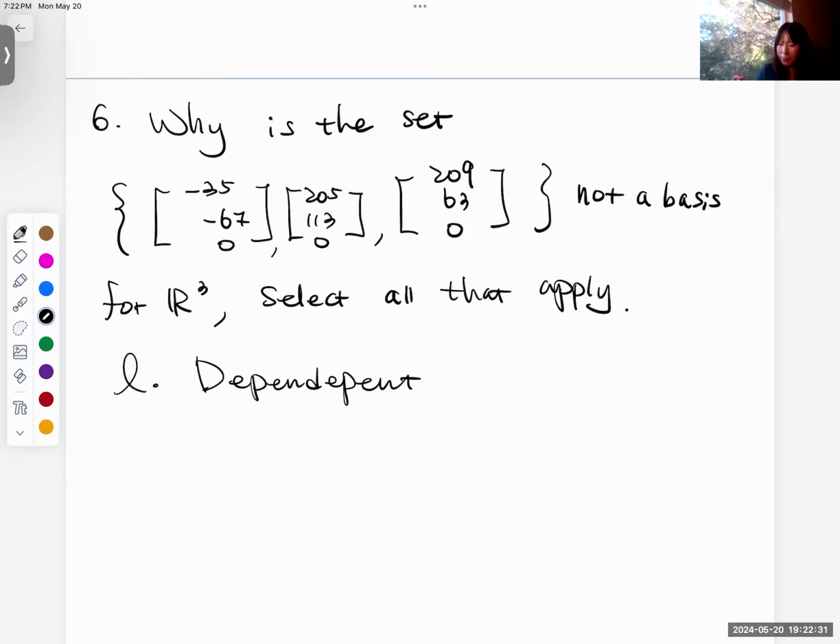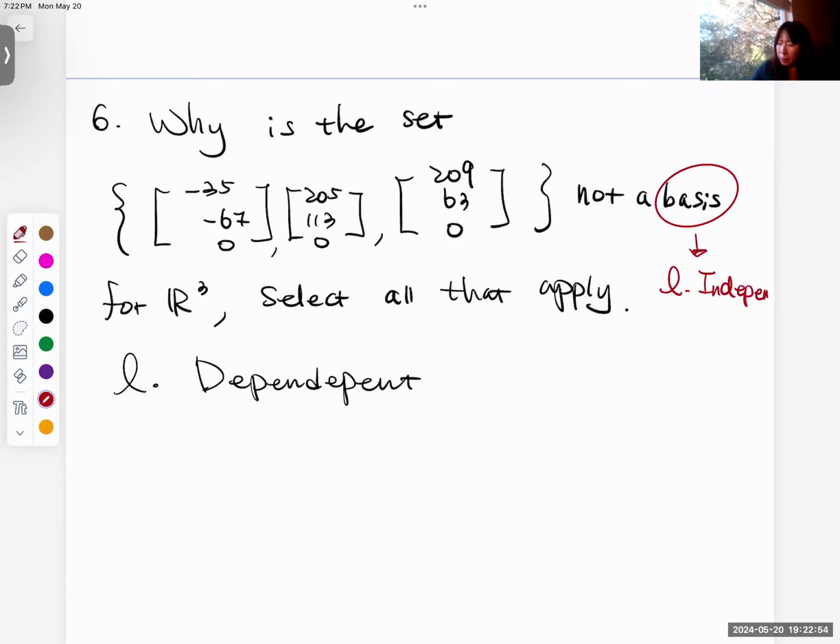So what is the basis? What's the definition of a basis? The vectors must be linearly independent, right?